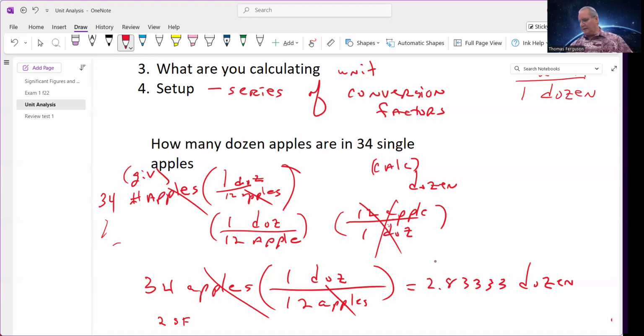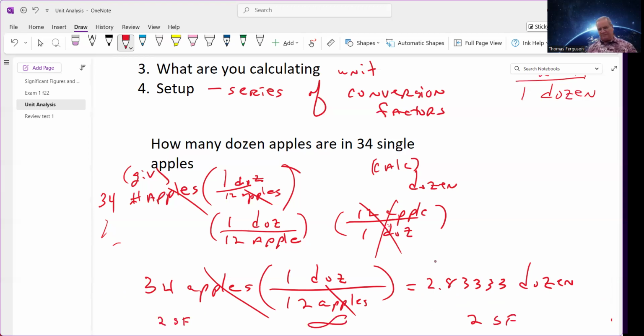What about for 1 dozen 12? Infinite. By definition, infinite. So which is smaller, 2 or infinite? 2. So our answer is going to have 2 sig figs.